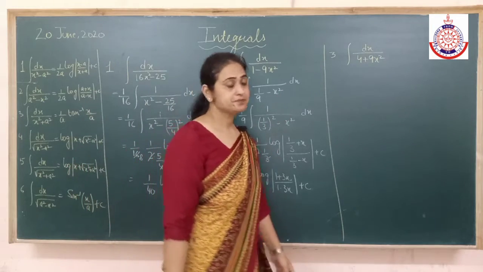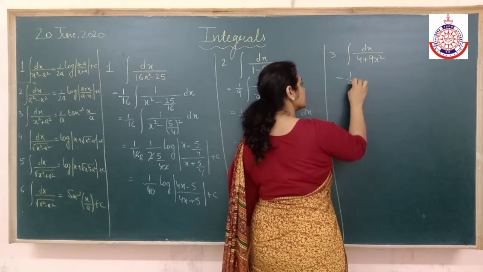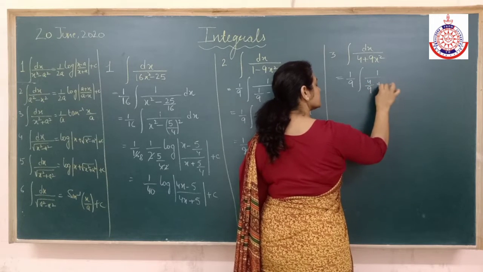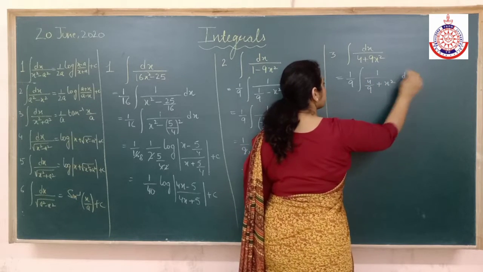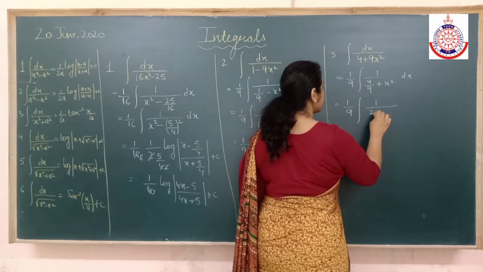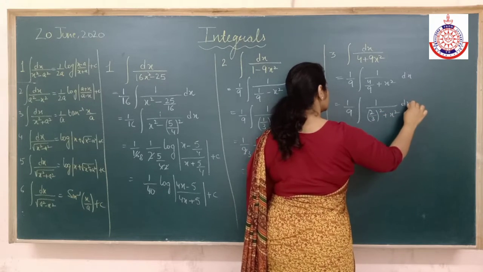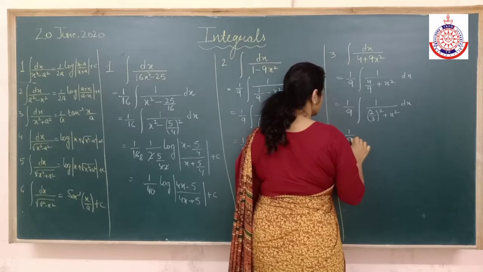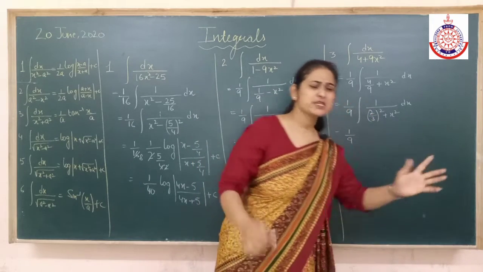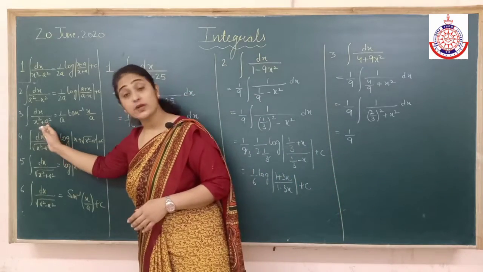Now see the next one, the same thing, the coefficient of x square should be 1, so I am taking this 9 out. I write this 4 by 9 as 2 by 3 whole square. Which form? 1 upon x square plus a square, the third formula.